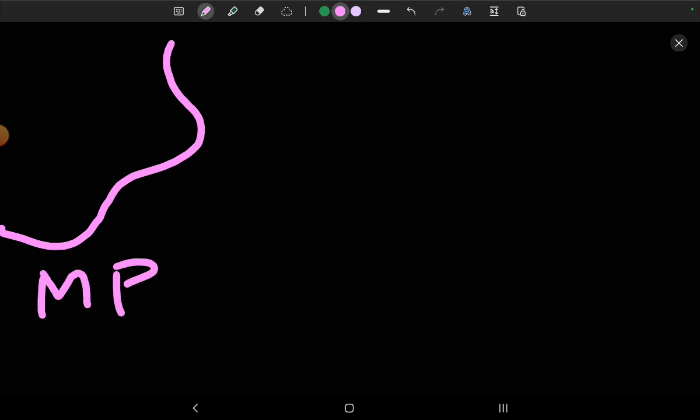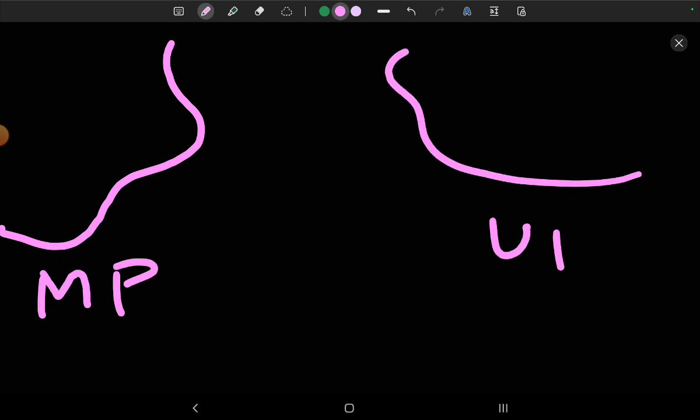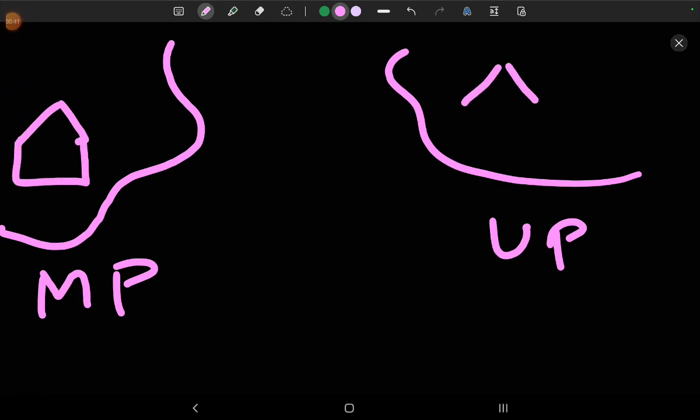So let's study it. Now just think that this is in state MP and this is in state UP. Okay, they are very connected, but let's assume they are different states. So now I have a shop here and I also have a shop here.